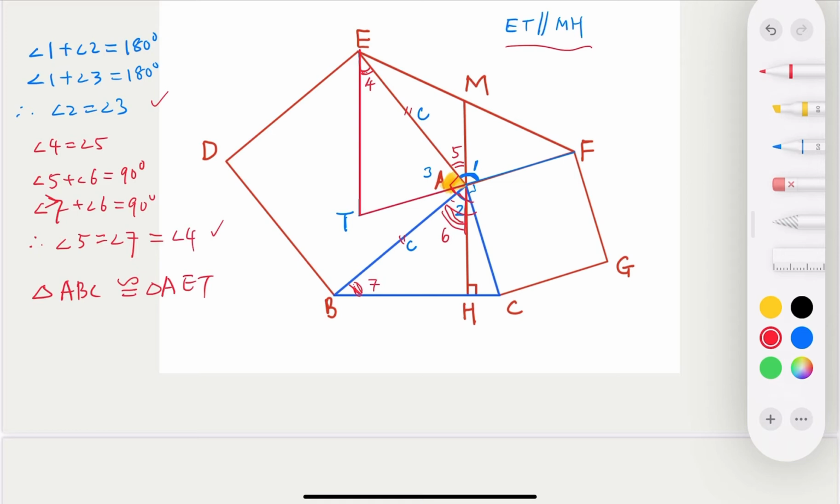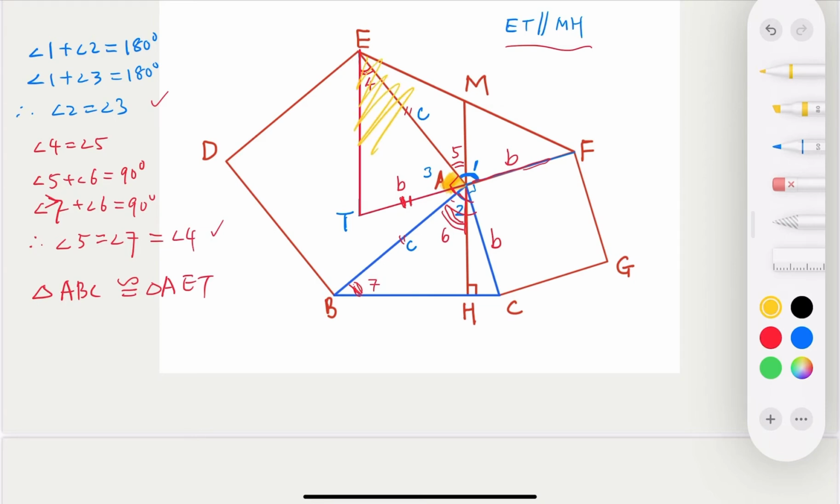So when they are congruent, what you can know is that this one must equal to the side here. Let's call it B. This must equal to B. But then this is also a B. So let's look at this big triangle here.